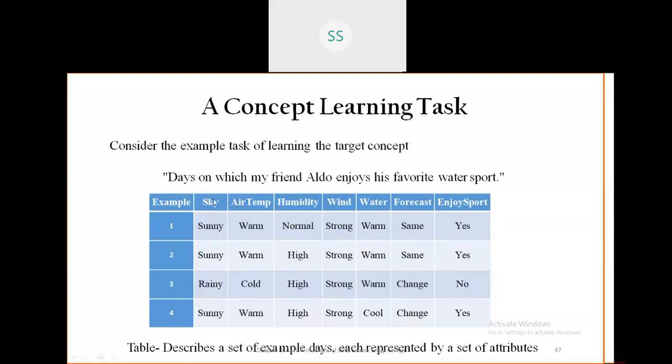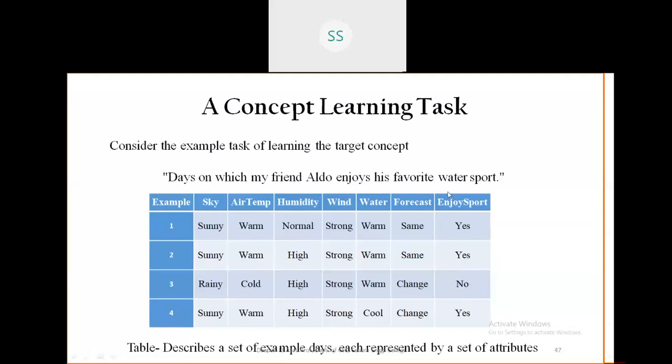Similarly, if the sky is rainy, air temperature is cold, humidity is high, wind is strong, water is warm, and the forecast is going to change in the next couple of hours, we are not going to play the game.